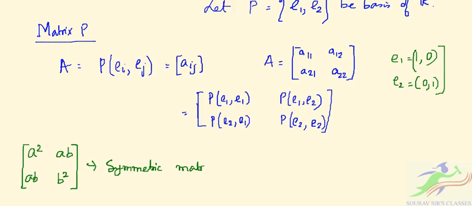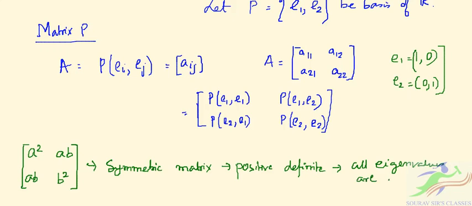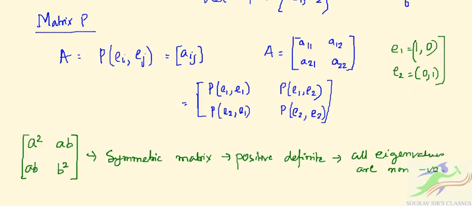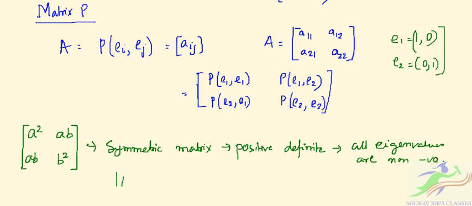This is a symmetric matrix. For a symmetric matrix to be positive definite, all eigenvalues should be positive, not merely non-negative. If we find the determinant of the matrix, it is a square b square minus a square b square, equal to 0.